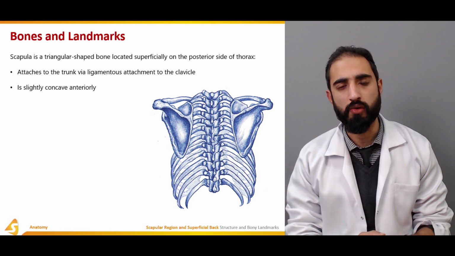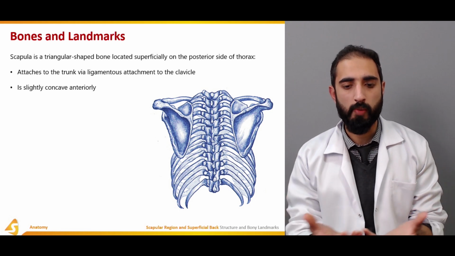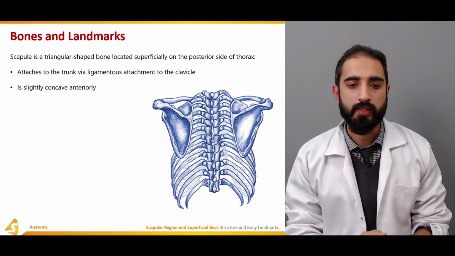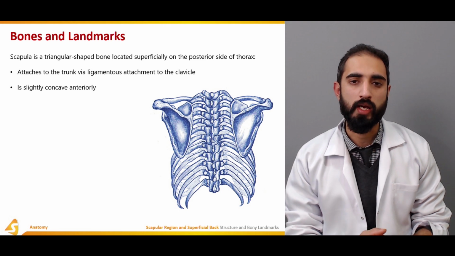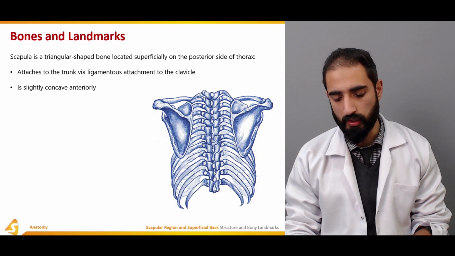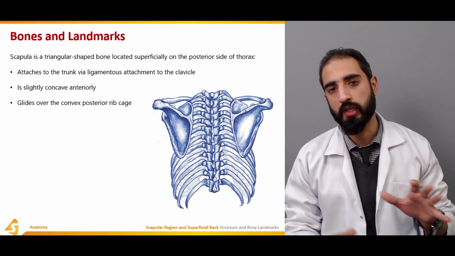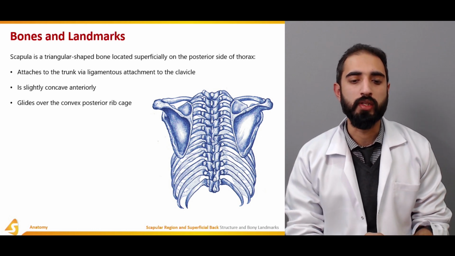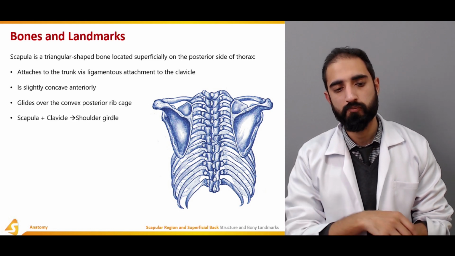If we take a look at the thorax posteriorly, you would see that the shape of the ribs and the overall thoracic region is convex. So to fit on the convex surface of the thorax, the scapular ventral surface needs to be concave, and that makes it fit snugly and helps it to glide over the convex posterior rib cage or the thorax.